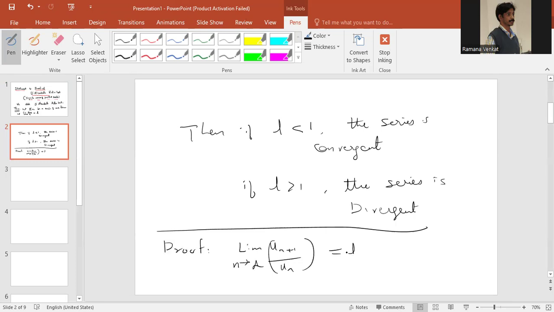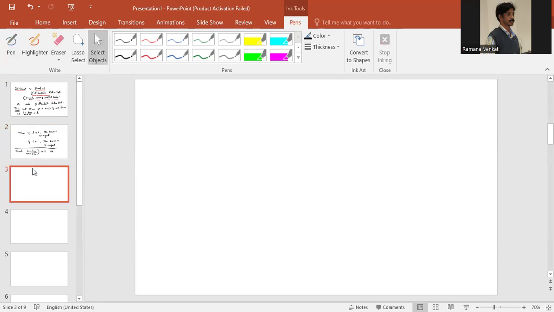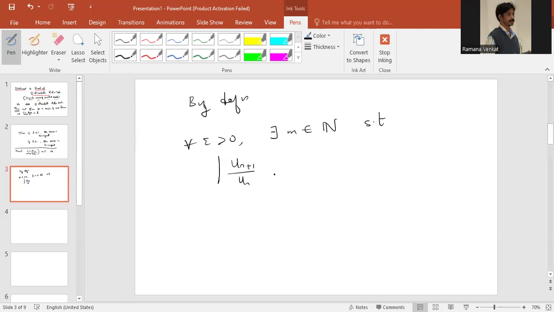So this implies that by definition, for all epsilon greater than 0, there exists m belongs to the natural numbers such that after this point, this ratio un plus 1 by un gets close enough to L and is bounded by epsilon, whenever n is greater than m.